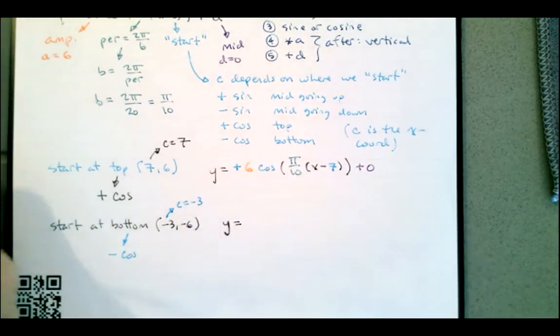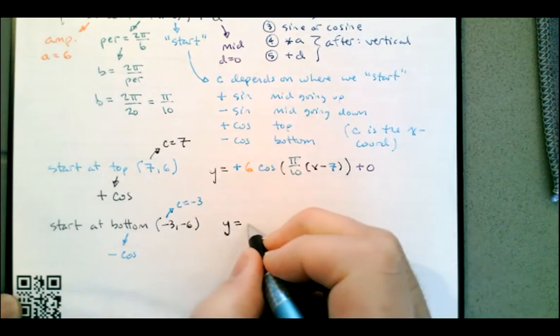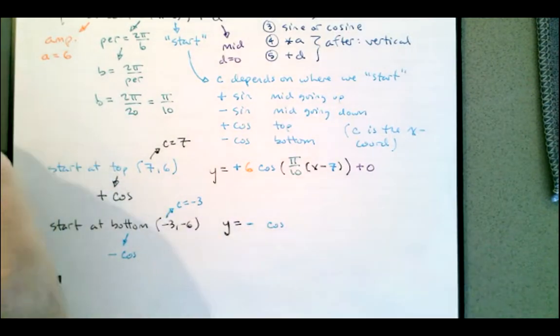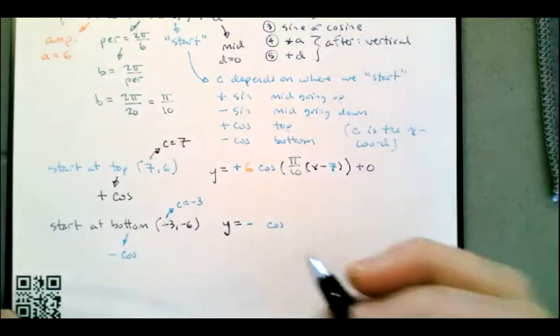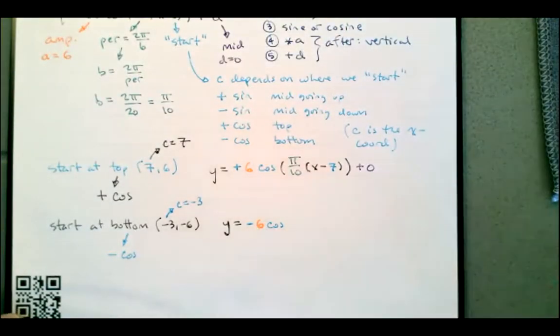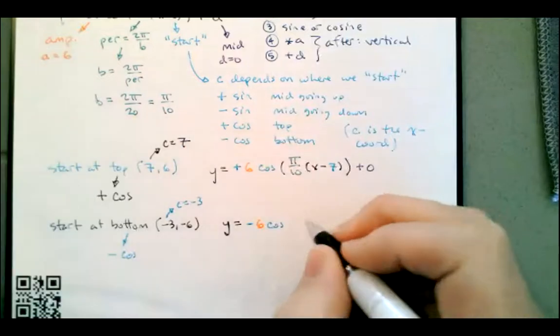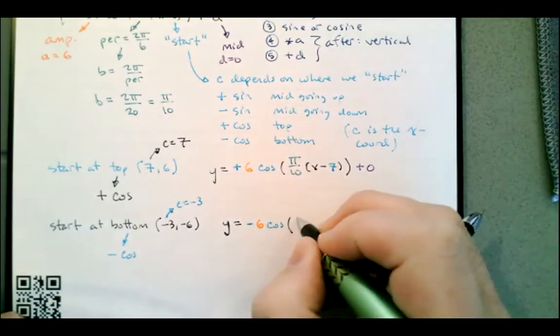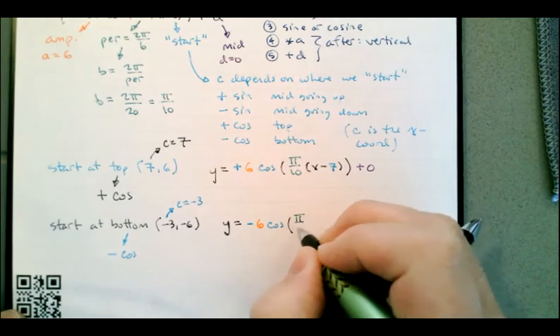So now when I write my function, instead of writing positive cosine, since I'm starting at the bottom, it's a negative cosine. The coefficient of the cosine is the amplitude, which is 6. Then in parentheses, I want a pi over 10 to tell me my period is 20.